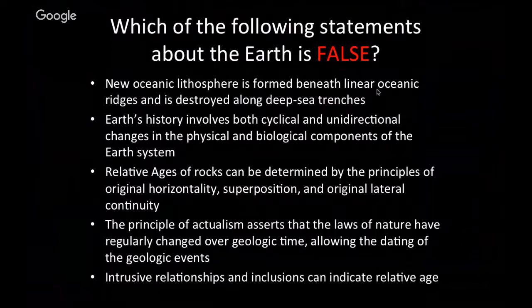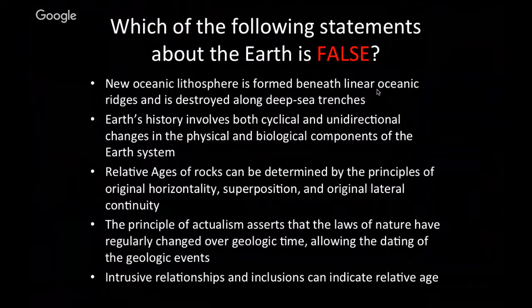Remember, we're asking for which of the statements about the Earth is false. Number 1, new oceanic lithosphere is formed beneath linear oceanic ridges and is destroyed along deep sea trenches. Number 2, Earth's history involves both cyclical and unidirectional changes in the physical and biological components of the Earth system.